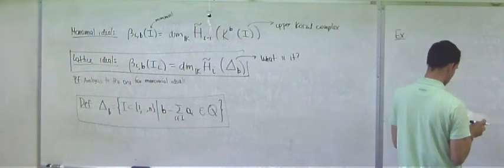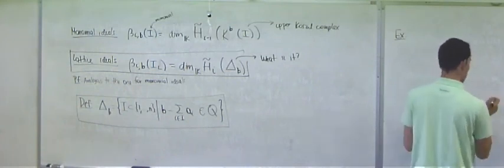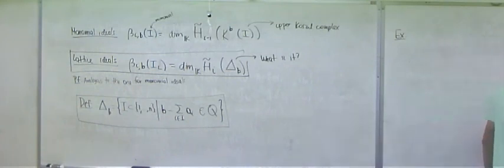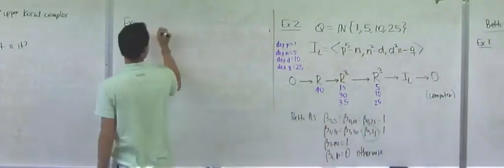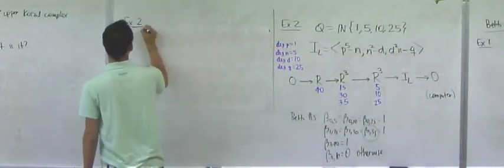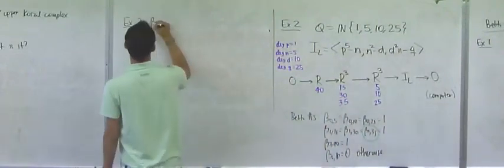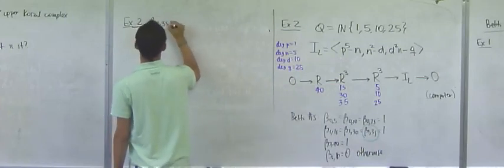So example. Let's try to explain this Betti number right here. Okay. So in example 2, Betti 1, 35 is supposed to be the dimension.